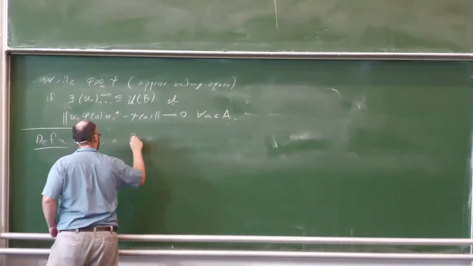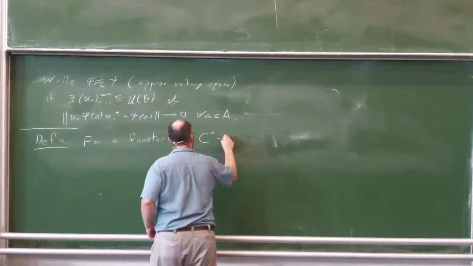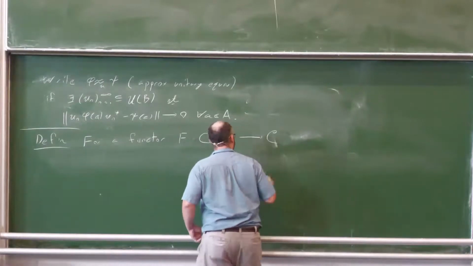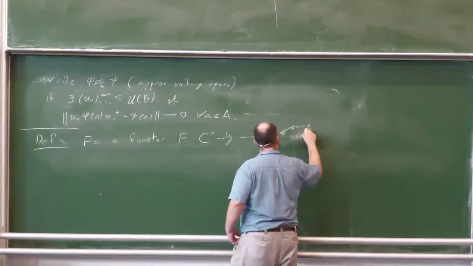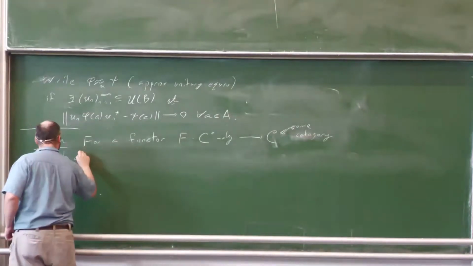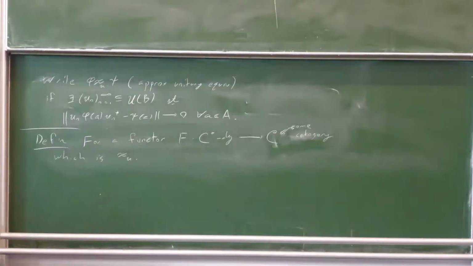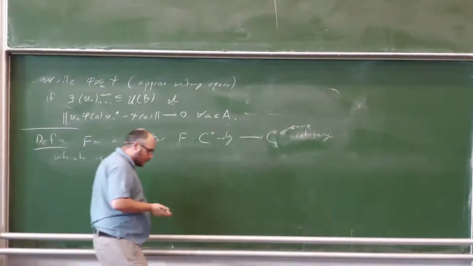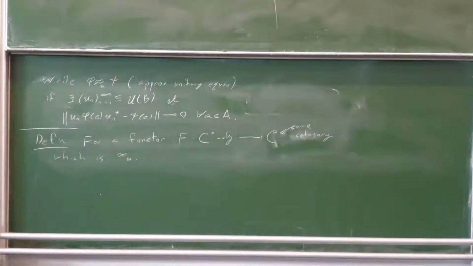So take a functor F from C-star algebras to some other category C, which is invariant under approximate unitary equivalence. So two equivalent morphisms induce the same map in this target category. And the things to keep in mind are like K-theory, traces, ideals. Well, the Elliott invariant in particular will satisfy this.